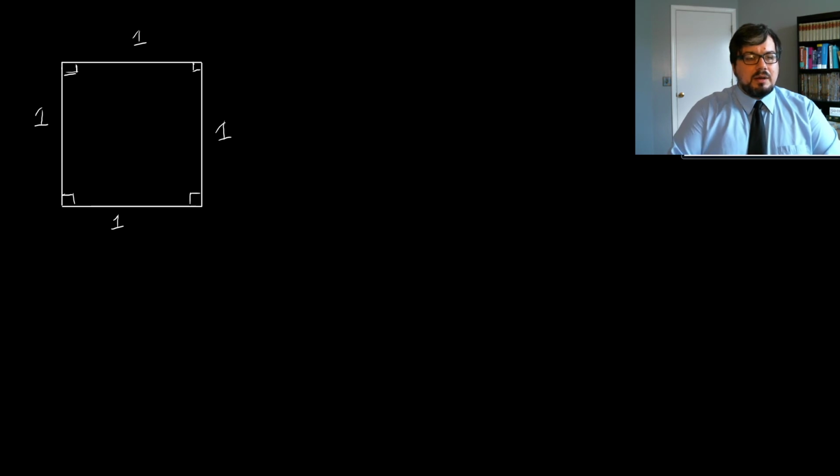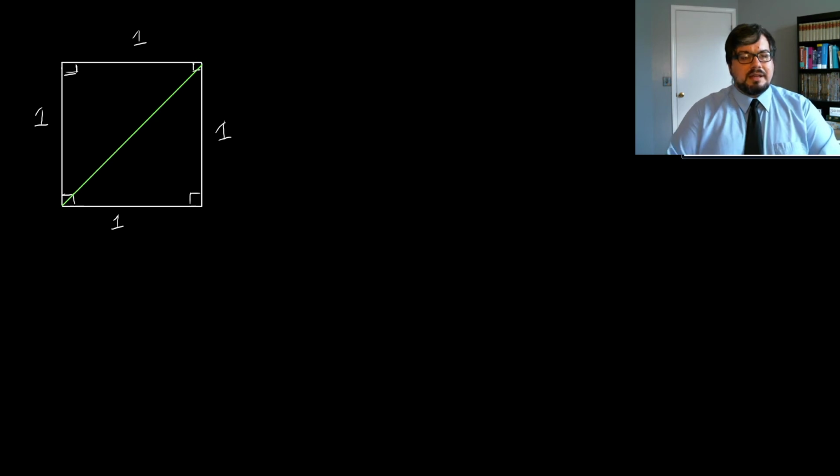And now I want to cut it corner to corner, like this. And when I do that, notice that I've cut the square into 2 congruent right triangles, and the 90-degree angle that's been split by the green line has a measure of 45 degrees, because that's half of 90.